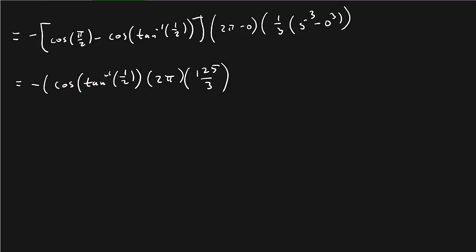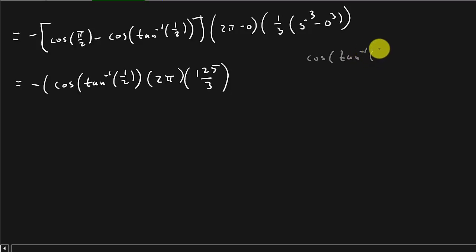So let's come over here to the side. Now, yeah, we could punch all that into our calculator, but let's have some fun. Let's write this as an exact value, okay? So we want to figure out what cosine of inverse tan 1/2 is. All right, so I'm going to say let alpha equal inverse tan 1/2. Now you should be able to do this. You've done this in trig.